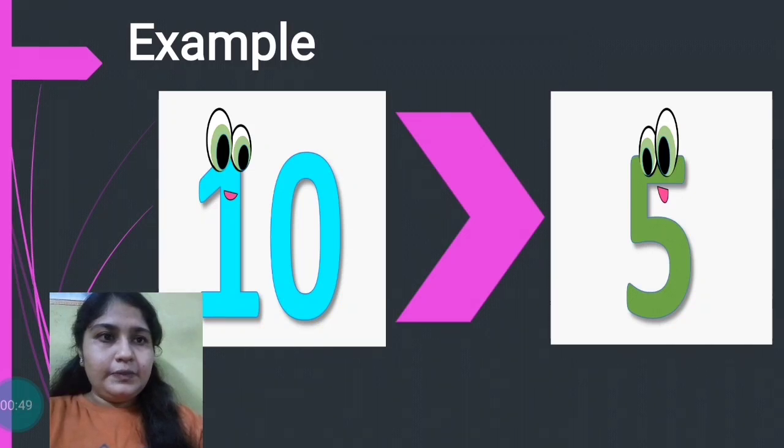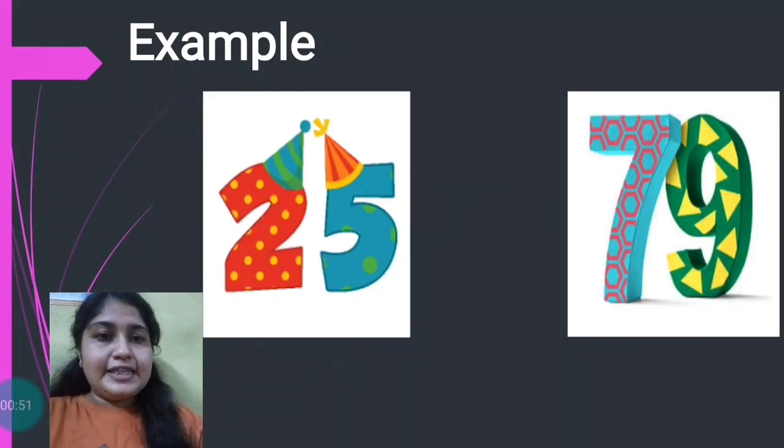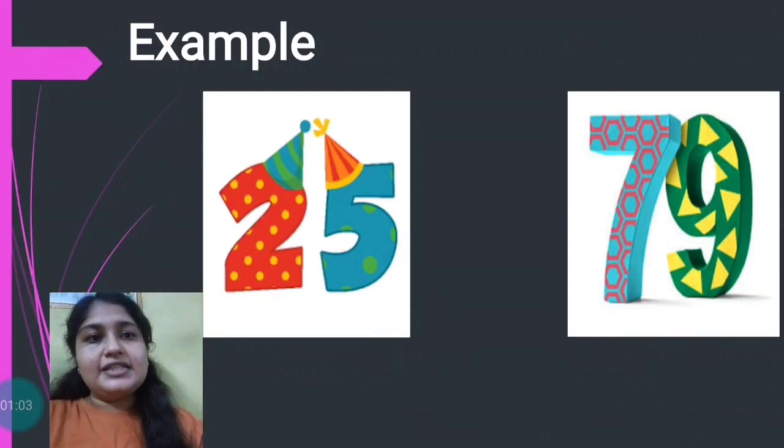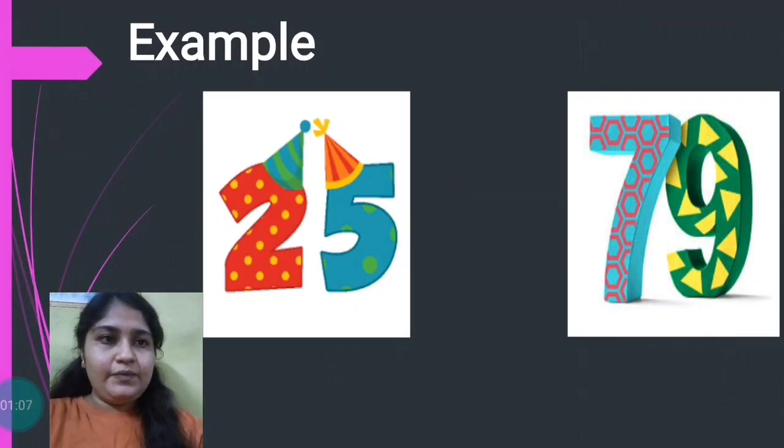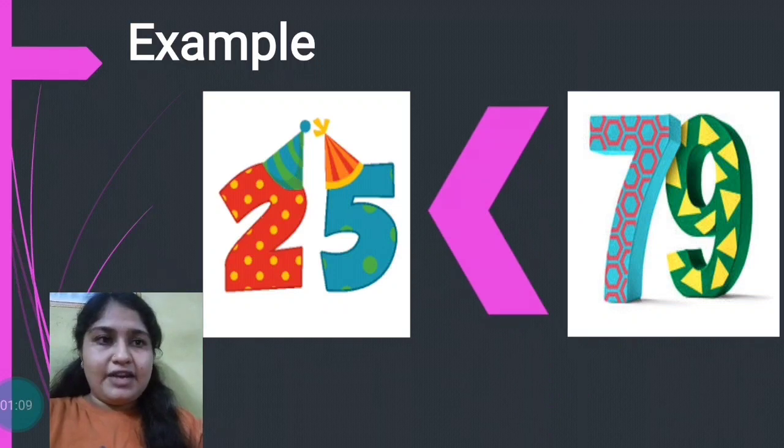The other one is 25 and 79. Here we have to compare 25 and 79. So 25 is smaller than 79, or else you can say 79 is greater than 25. Okay, so let's see the sign. Yes, this sign will come.